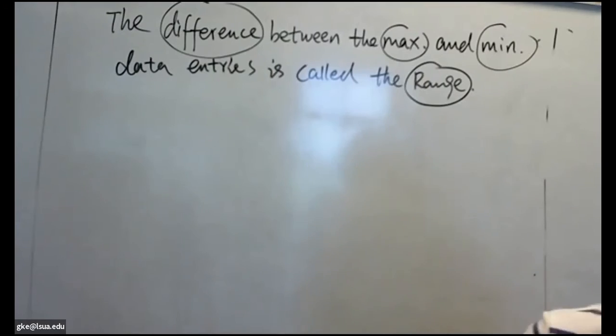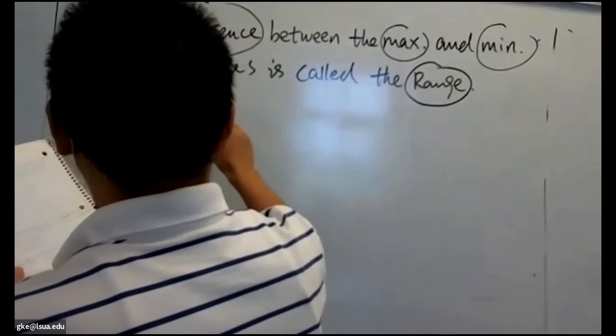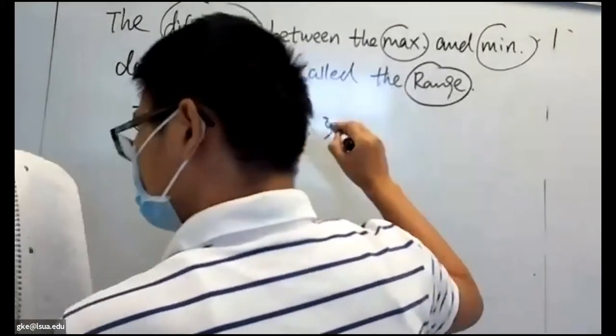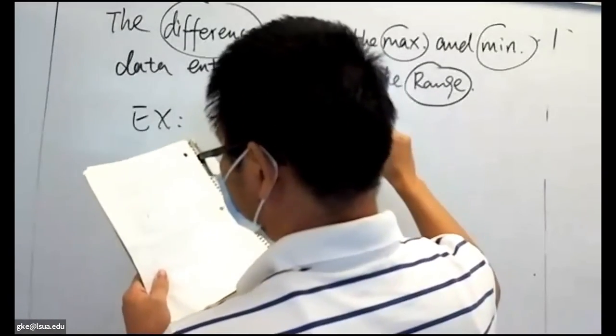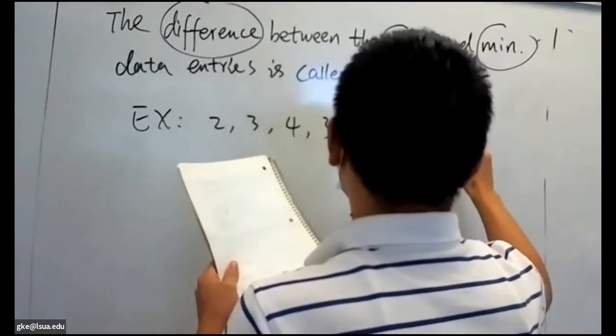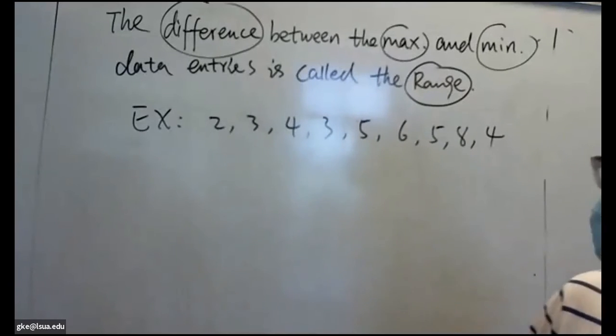Okay, let's take a look at the example here. 2, 3, 4, 3, 5, 6, 5, 8, 4. Now I give you a bunch of data.